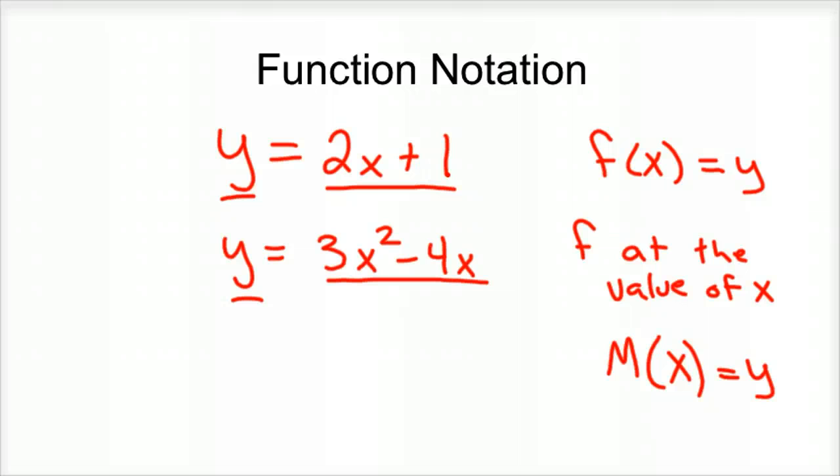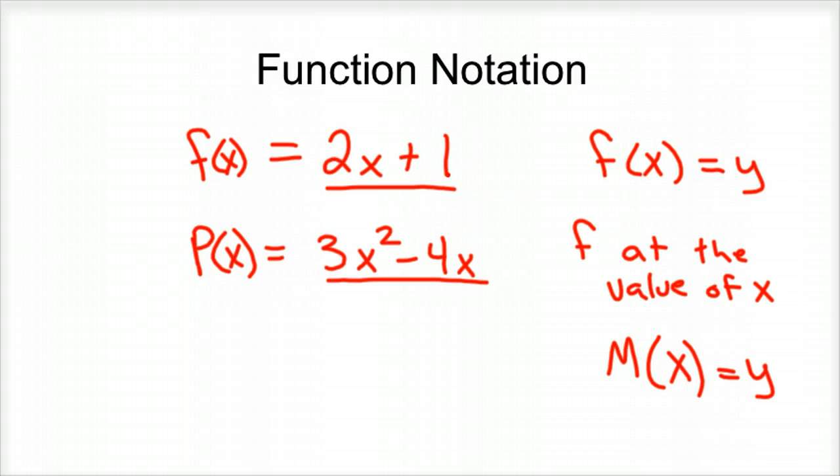So instead of y equals 2x plus 1 and y equals 3x squared minus 4x, I'm going to call the top one f at x, and I'm going to call the bottom one p at x. So now, when I say I want to know the value of the function when x is maybe 2, I might say something like this.